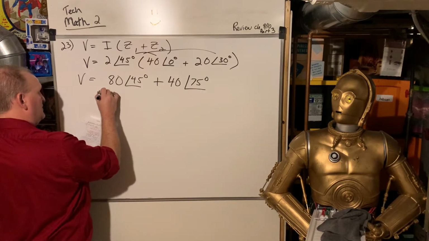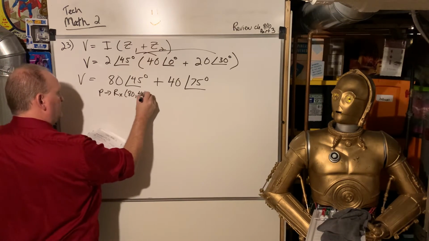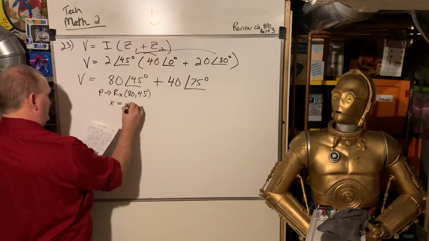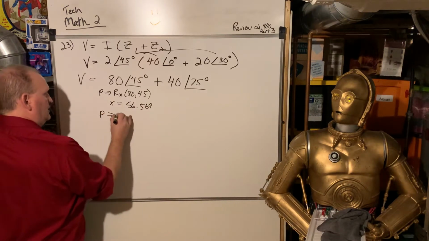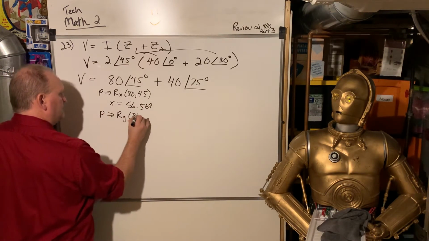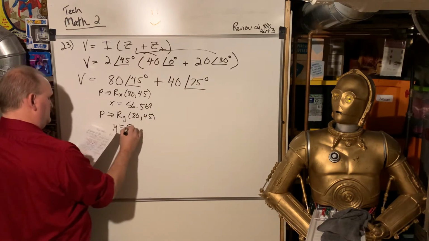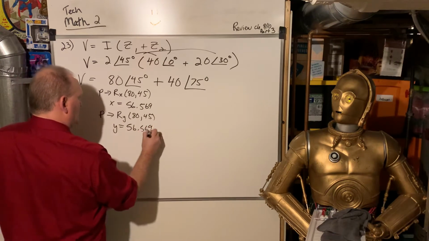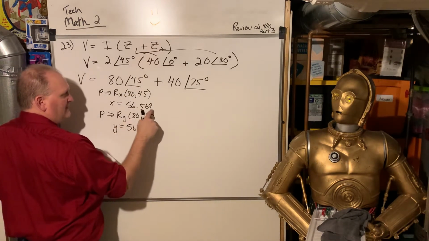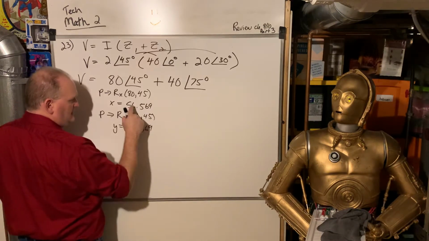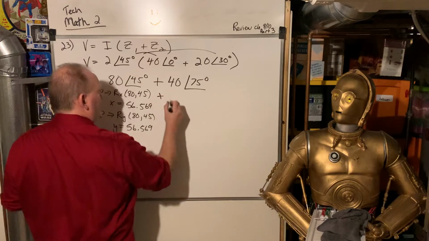Okay, because it's a 45, 45, 90, it's 56.569 and 56.569. So x and y are the same because it's an isosceles triangle, essentially a 45-degree triangle.